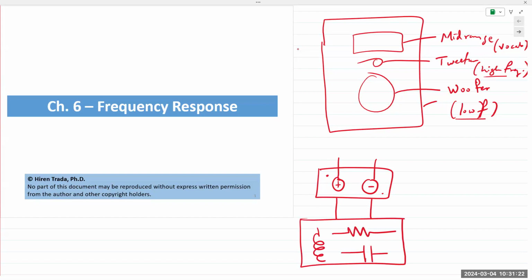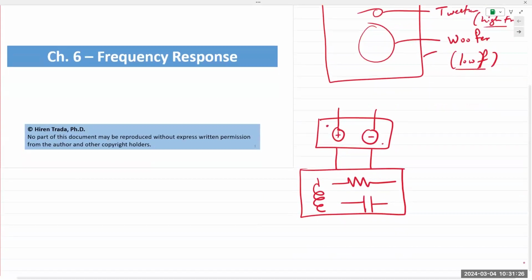And it will have 3 outputs or 3 pairs of outputs. This one might be going to the woofer, this one might be going to the tweeter, and this one might be going to the mid-range, depending on the configuration. I'm just saying there are 3 pairs of outputs, and each one is actually going. So it's splitting the incoming signal into 3 ways.